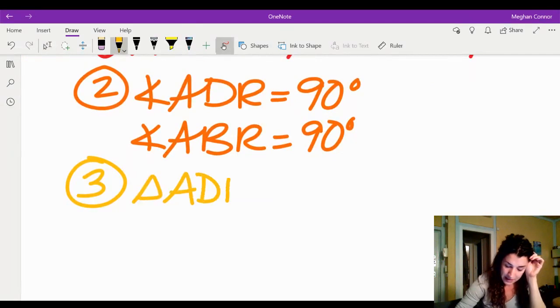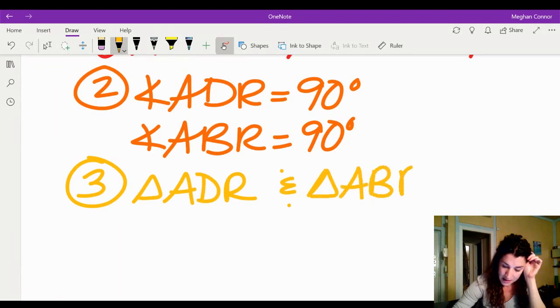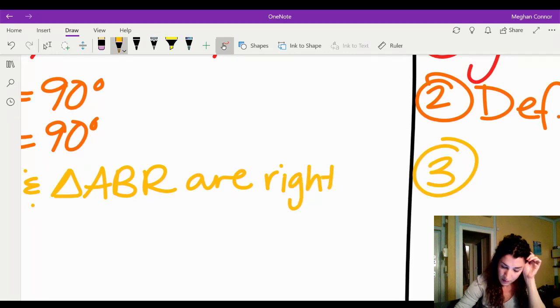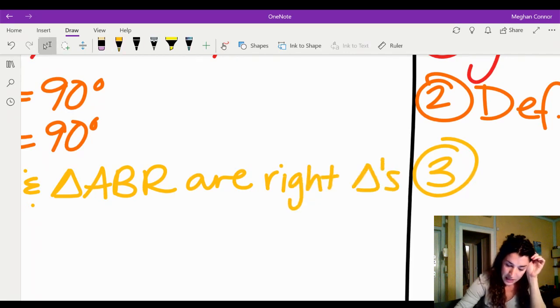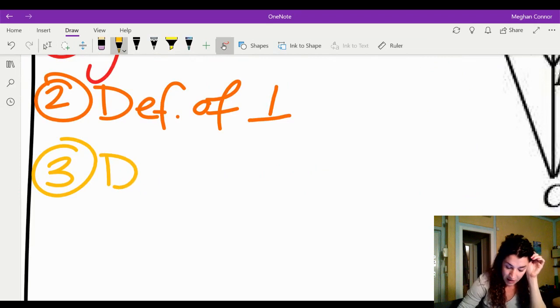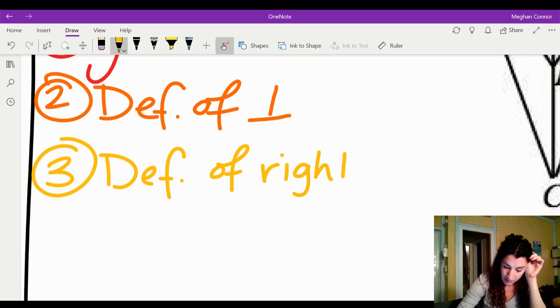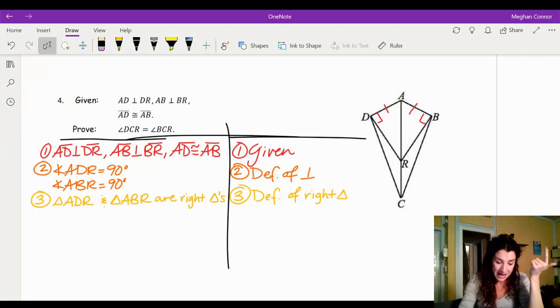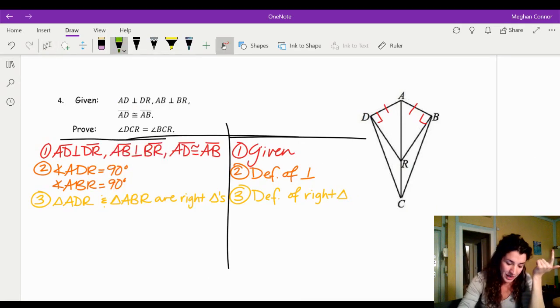Instead of saying that those angles are equal, now I'm going to say that triangle ADR and triangle ABR are right triangles. That's because of the definition of a right triangle. Okay, so I've said that they're right triangles. I've got a leg equal to a leg. Now I need to say that the hypotenuse is equal to the hypotenuse.